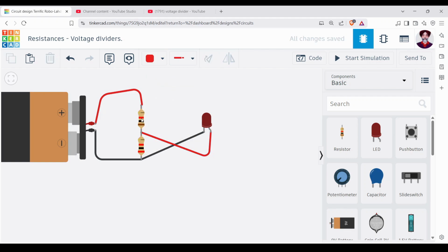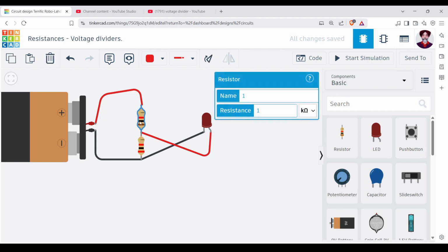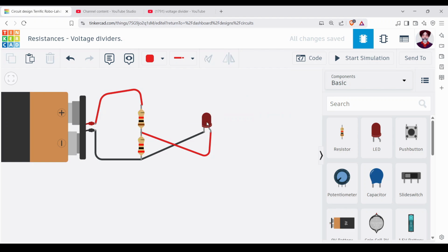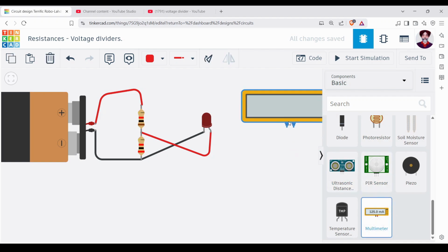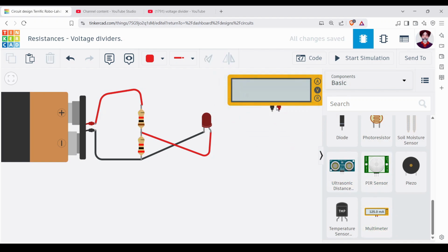How do I figure out what resistance should be there so that this particular part gets only 2 volts? Let's say the upper resistance is 1k. What is the lower resistance going to be so that this LED gets only 2 volts? Let me put a multimeter here to check what voltage I am going to get from here.